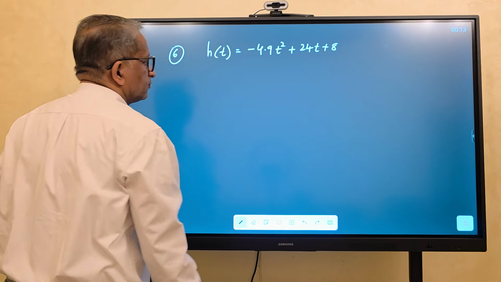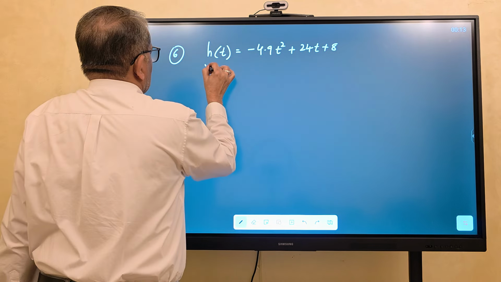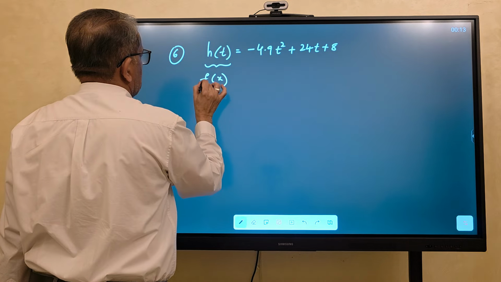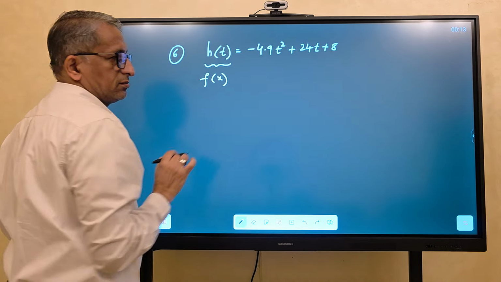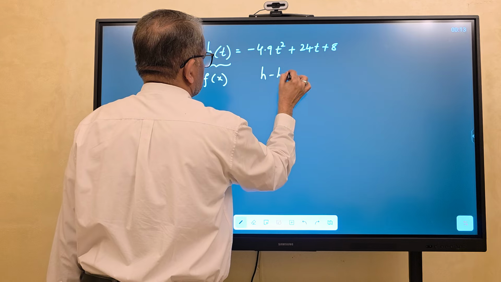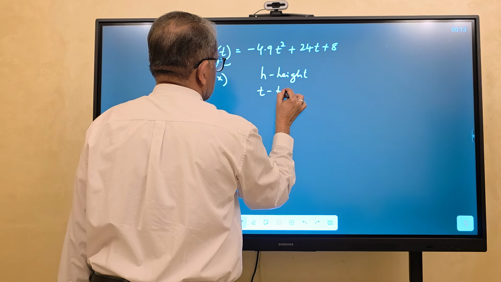This is given to you. So what is the change here? This is f of x. That means f is h, x is t. So here h is height, which is given, and t is time.